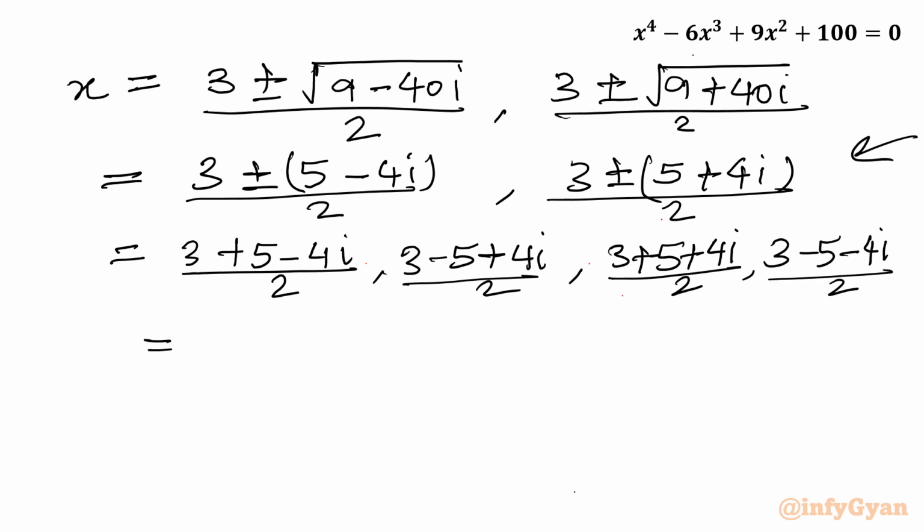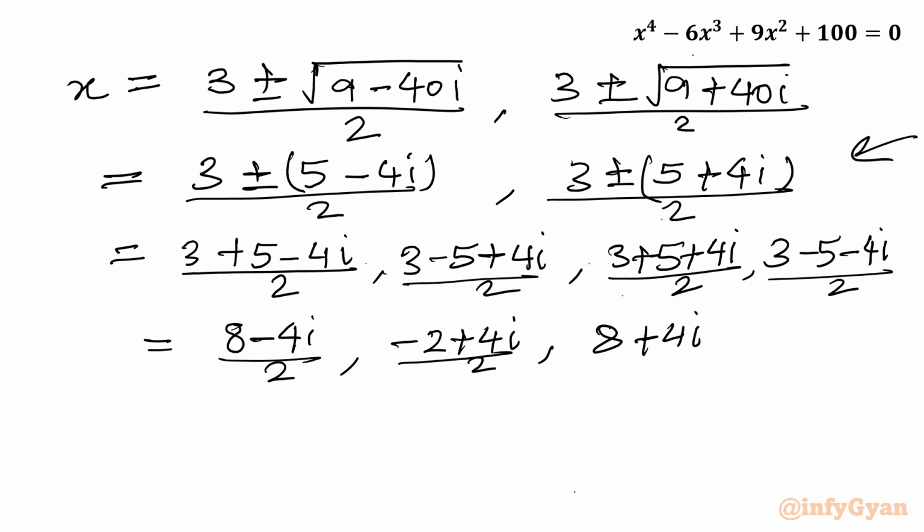So now I can write 8 minus 4i divided by 2, 3 minus 5 is minus 2 plus 4i divided by 2. Now I can write 8 plus 4i divided by 2. And then I can write minus 2 minus 4i divided by 2. Now I will divide by 2 and I will be writing our final answer as x is equal to 4 minus 2i.